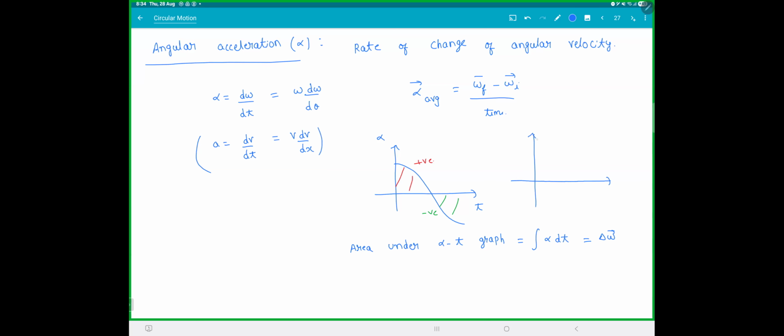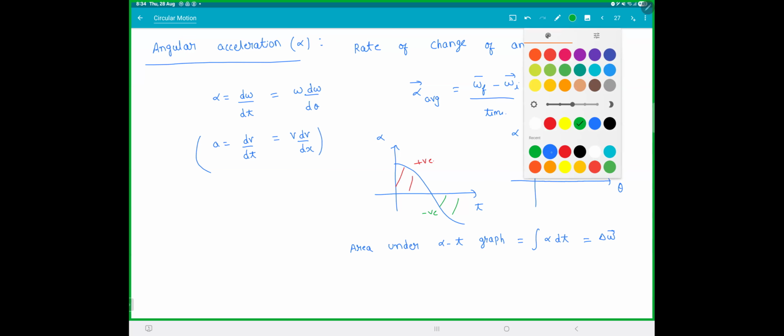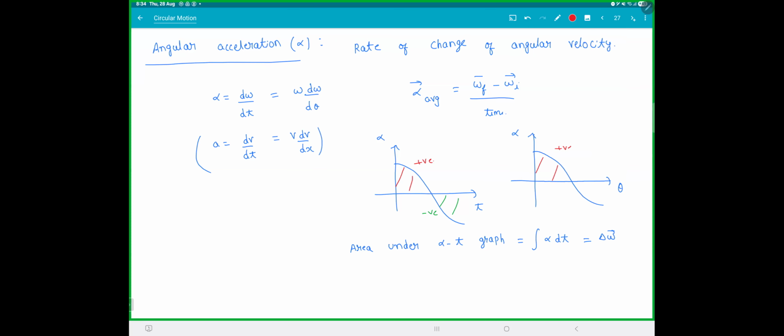Similarly, if this was a graph between alpha and theta, this is positive, this is negative. Again, this will look similar to kinematics, what you did. So area under alpha theta graph will give you omega final square minus omega initial square by 2.